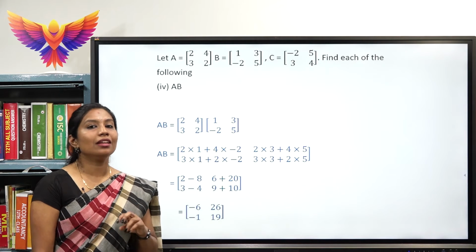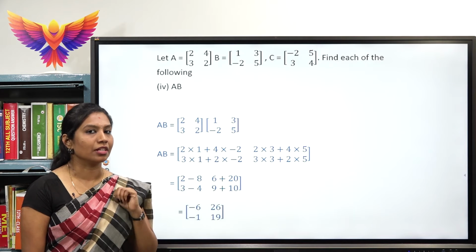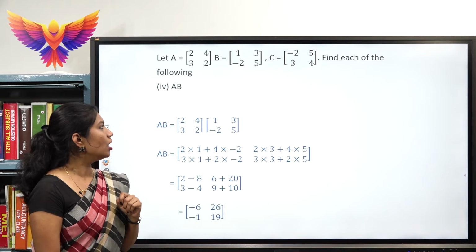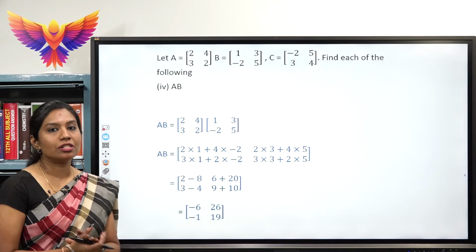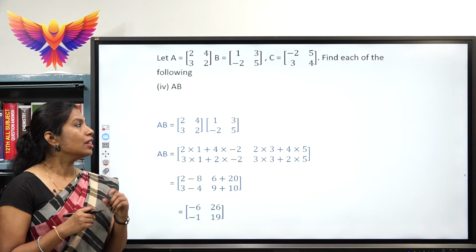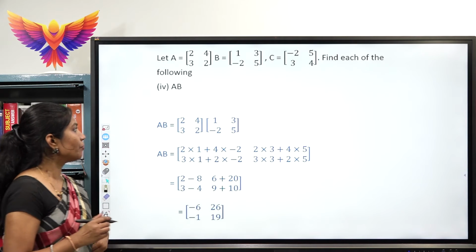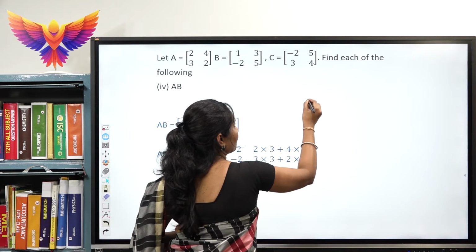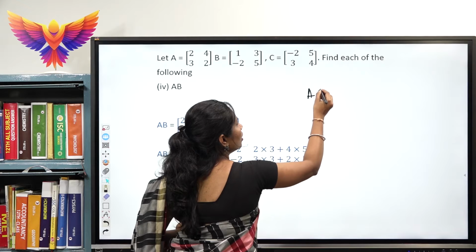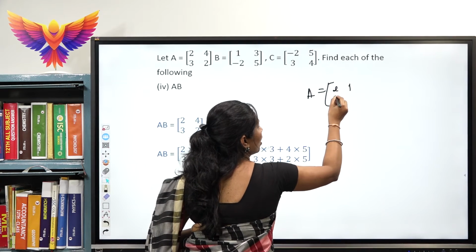Yeah. We can multiply two matrices if a condition has been satisfied. So, what is that condition here? The condition is, you will be multiplying two different matrices here. Say I have a matrix A of order 2 cross 2, which is 2, 1, 3 and 5.